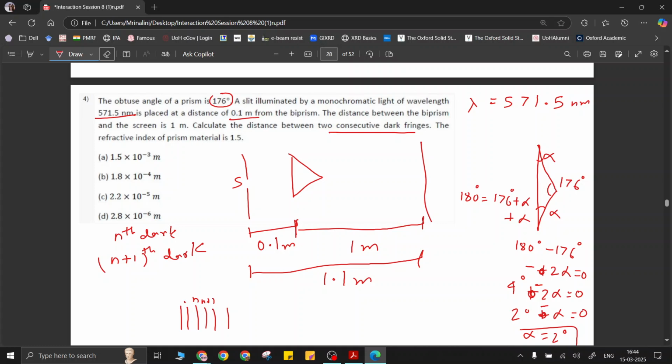Similarly, if I am talking about the distance between two consecutive bright fringes, then between them is a dark fringe. That means I am talking about the fringe width of the dark area.